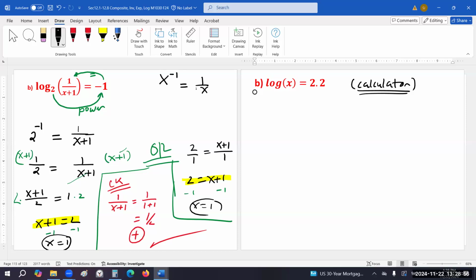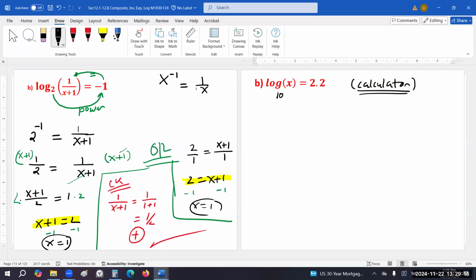And what's the base? We don't have natural log, we have only log. Only log has what base? e or 10, which one? 10. So if you put e, you're gonna get a different answer, which is wrong.